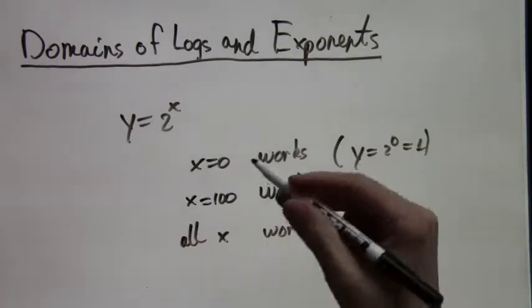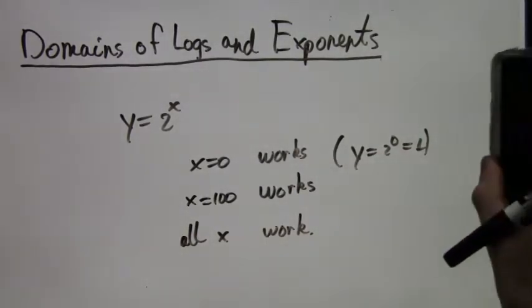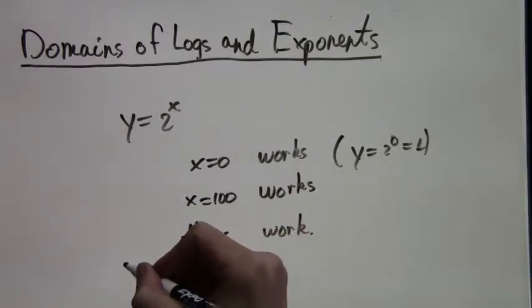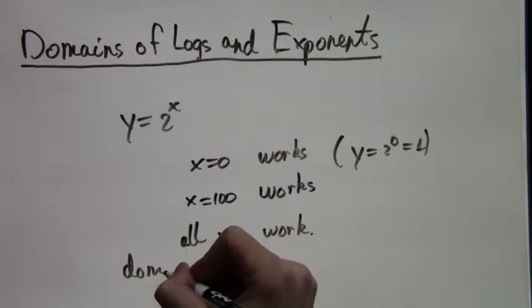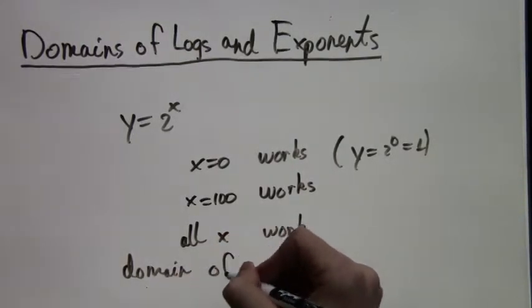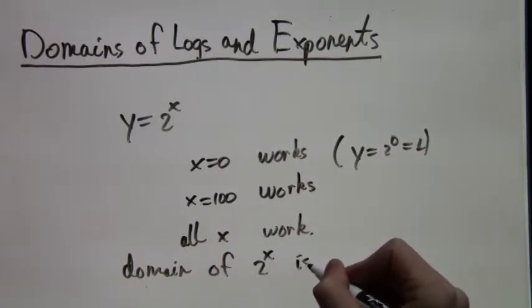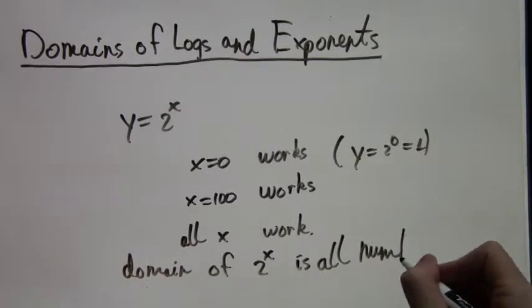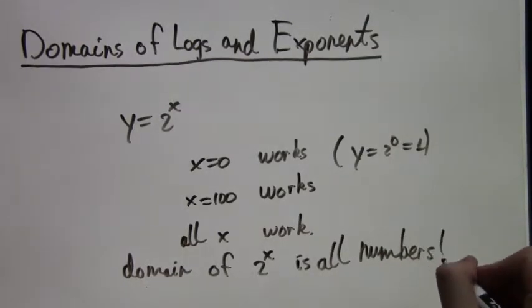So the domain of 2 to the x is all of the real numbers. All of them. There's no problem with taking any exponent of 2. So there's no limitations if you're using exponents.